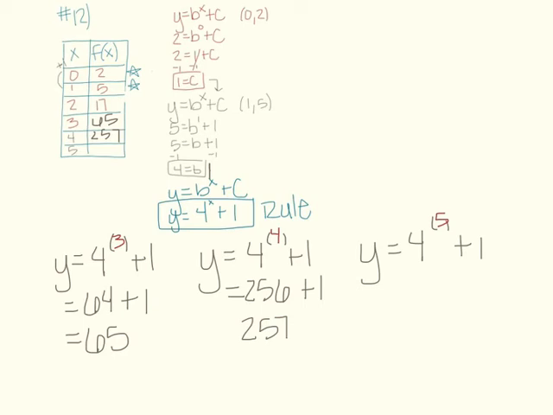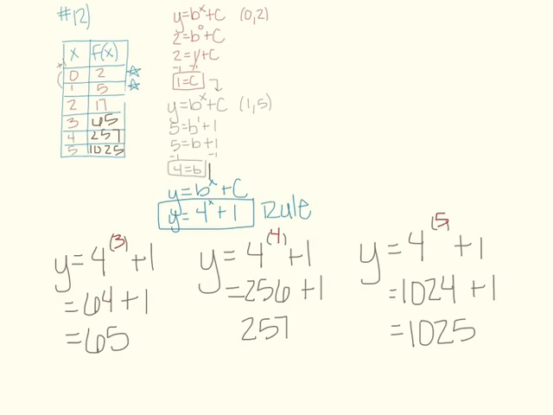And our last one, we have 4 to the fifth power, which is 1024 plus 1, which is 1025. So when x is 5, y is 1025.